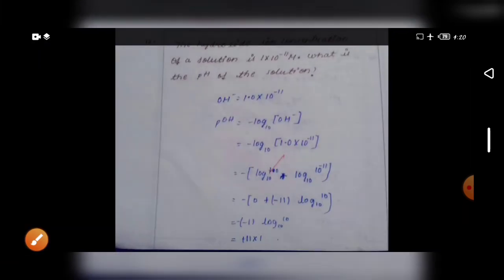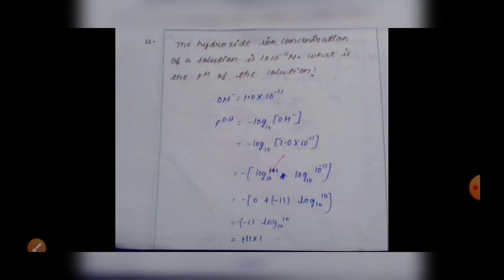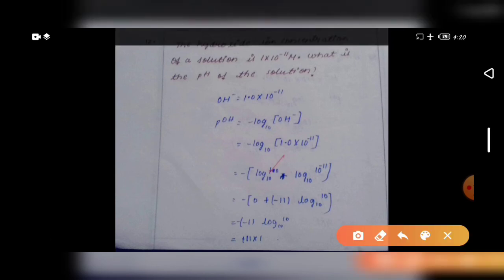Next: the hydroxide ion concentration of a solution is 1 into 10 power minus 11 M. They have given the OH minus ion concentration, so you have to find the pOH first, and after that the pH value. The pOH formula is minus log of OH minus ion concentration to the base 10.